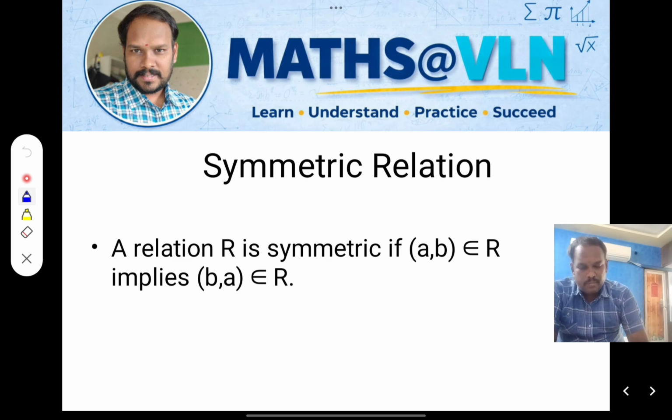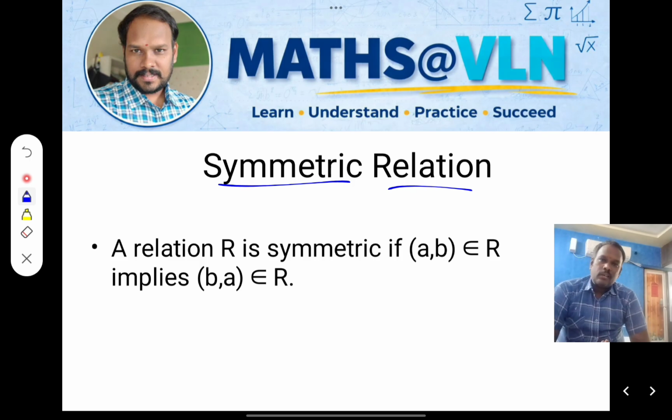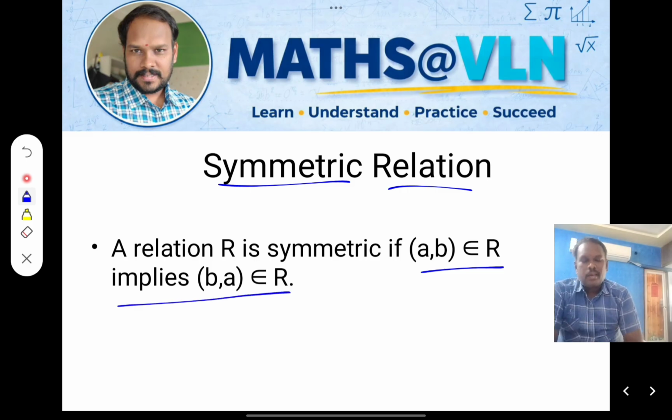Next, symmetric relation. What is a symmetric relation? A relation R is symmetric if (a, b) belongs to R implies (b, a) also belongs to R. The definitions are very simple.